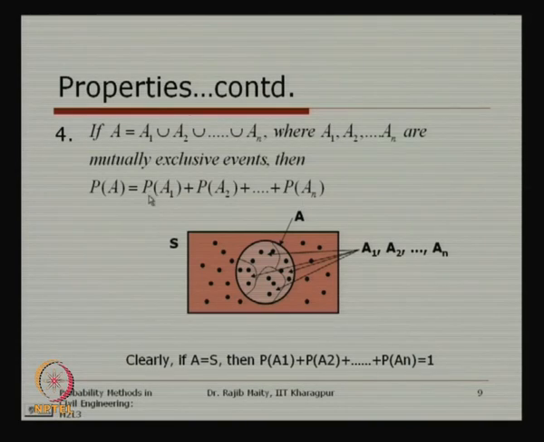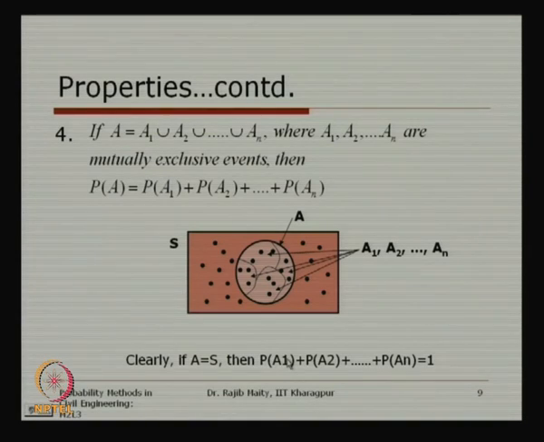So now if I replace this A in terms of the full sample space, and this full sample space is partitioned like this, and collectively it is exhaustive, then we can say that the probability of A1 plus the probability of A2 up to the probability of AN is equal to the probability of S, which is nothing but 1.